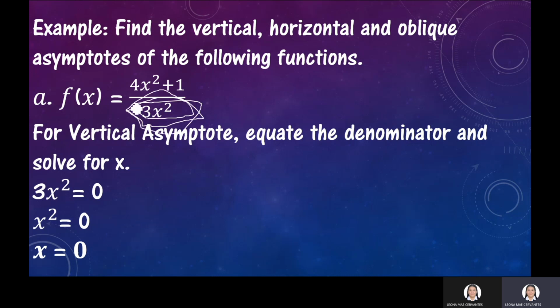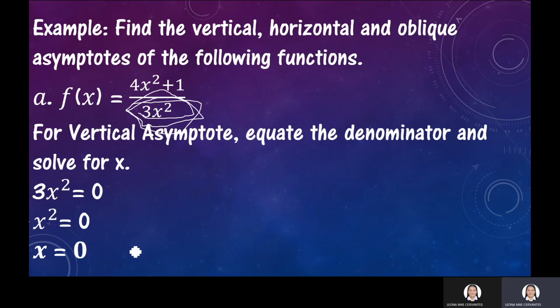Then, equate to 0. So, we have 3x squared equals 0. Then, para makuha natin yung x, divide both sides by 3. So, we have x squared equals 0.